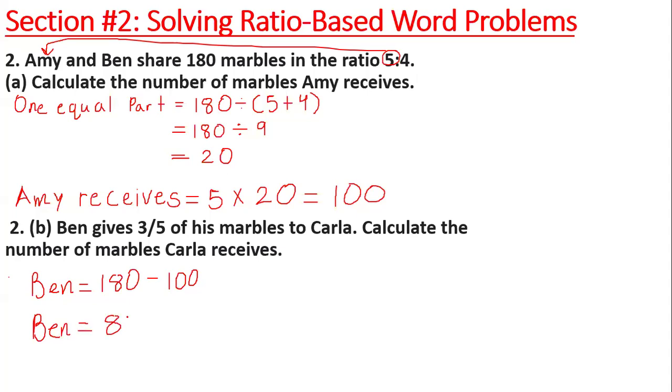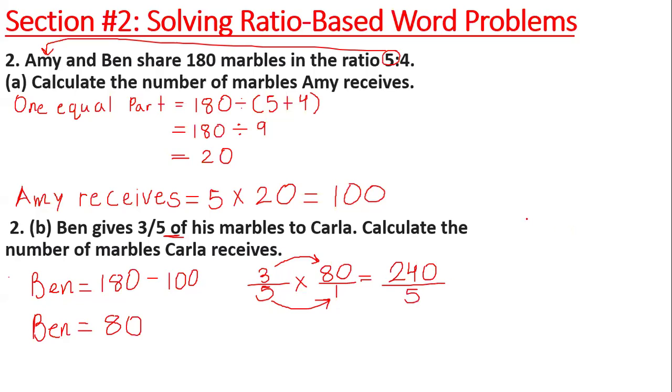And then we do 3/5 of 80 over 1, because we have to use the amount that he had. 3 times 80 and 5 times 1. 3 times 80 is 240. So we have 240 all over 5.